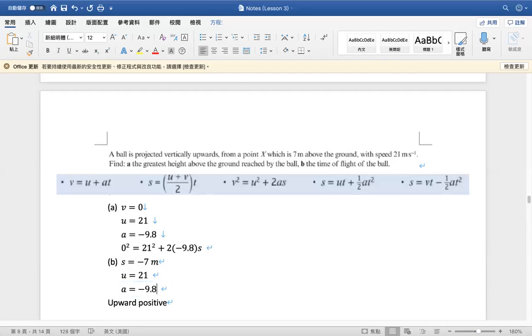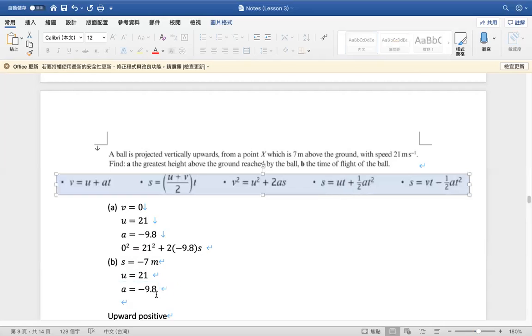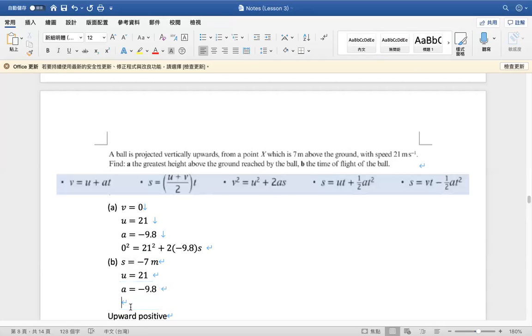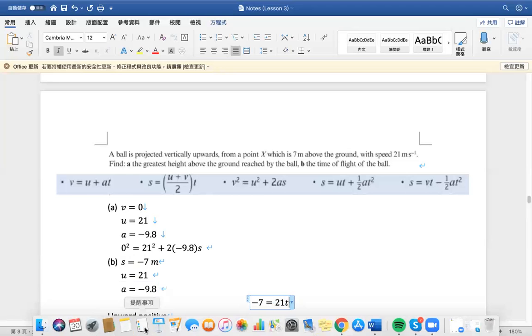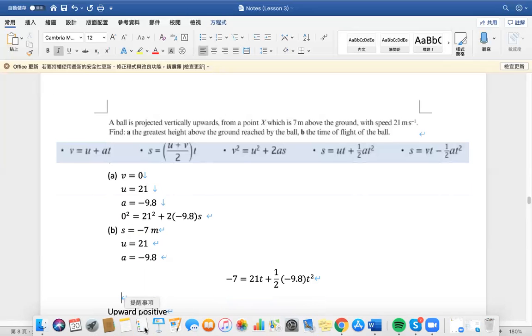So which equation would you use? You use this one, right? And then you get a quadratic equation. So negative 7 equals 21t plus a half times negative 9.8 t squared. Then you get t, right?